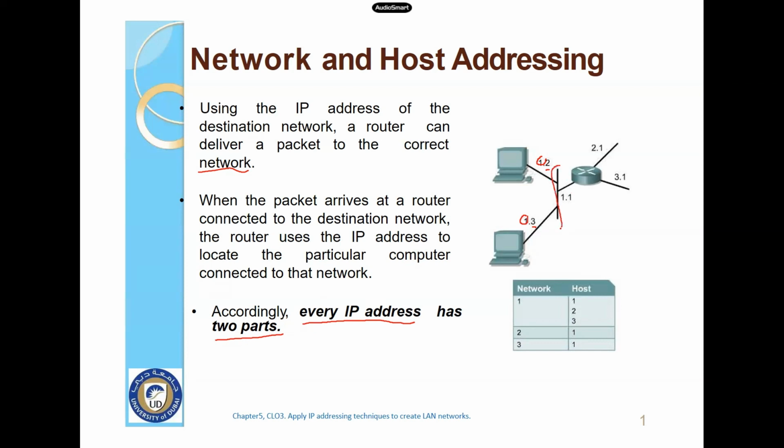So there's a reserved address for the network. There's network 1, address 1. Here's the router that's connected to network 2, which has host 1, and network 3, which has another host 1. So this 1.1 is the network address, while those 1.2 and 1.3 are our host addresses.